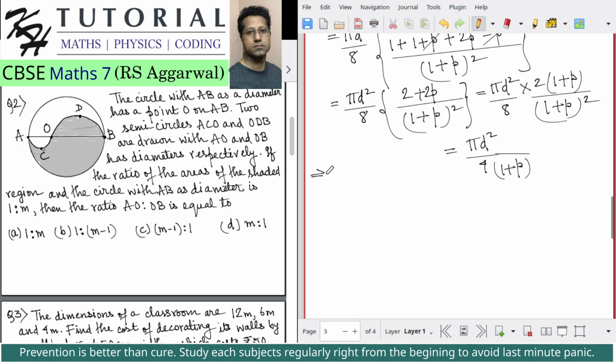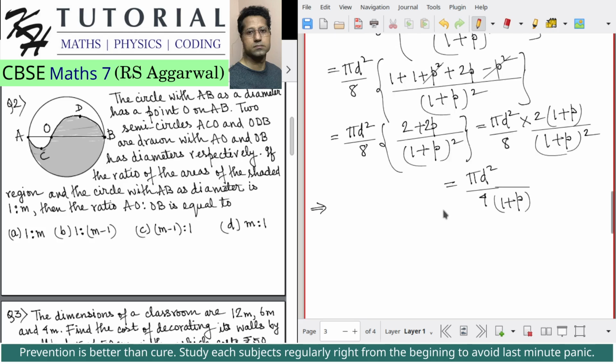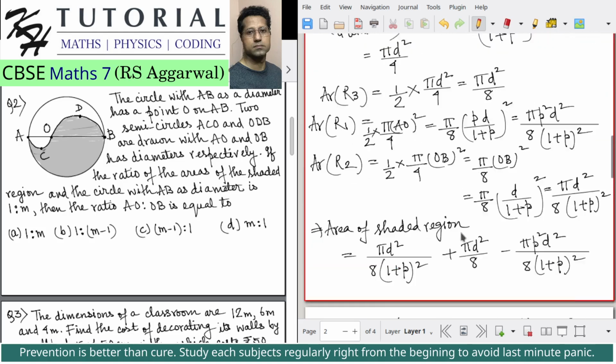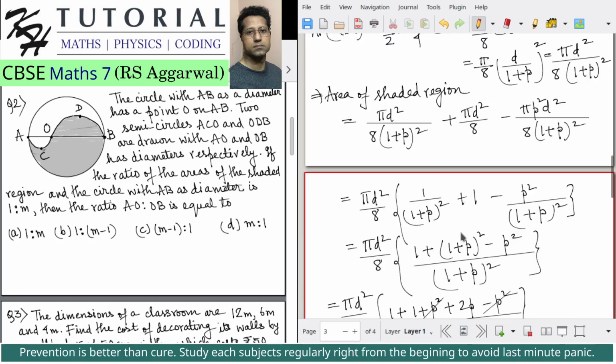Now the ratio of the area of the shaded region and the big circle, that is a circle with AB as diameter, is given to be 1:m. So we must have pi d square by 4 by (1 plus p), this is the area of the shaded region, divided by what was the area of the circle with AB as diameter? Pi d square by 4.